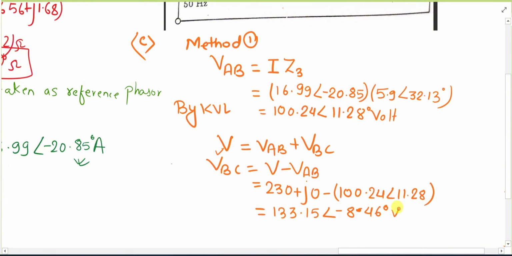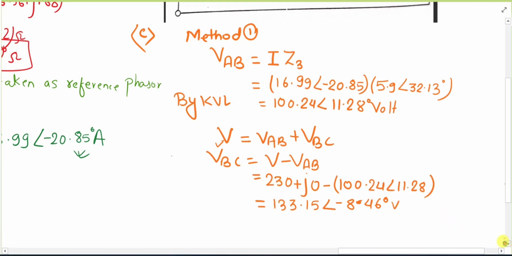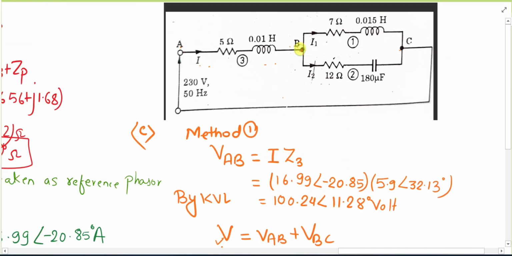After identifying the value of these voltages, you can identify the current easily. How? We know that branch 1 and branch 2 are in parallel, so the voltage VBC will be the same for I1 as well as I2.